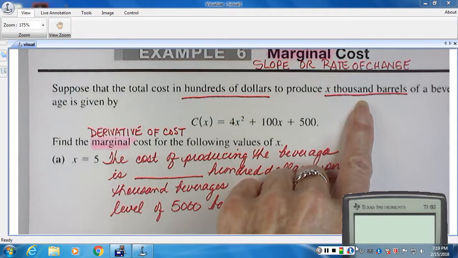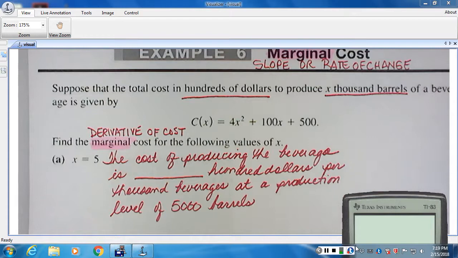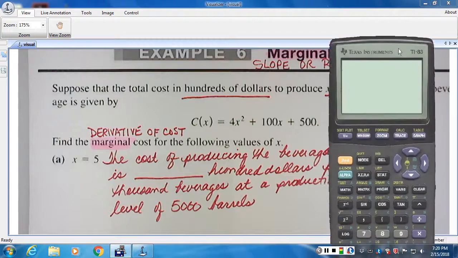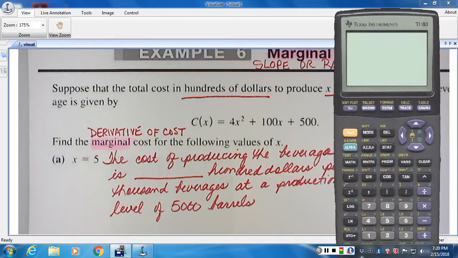So we need to take all of that into account when we answer this question. Now, we can answer it in short order using the calculator. We do not actually have to calculate the derivative, but you should be able to calculate that derivative because it's actually pretty easy to calculate.